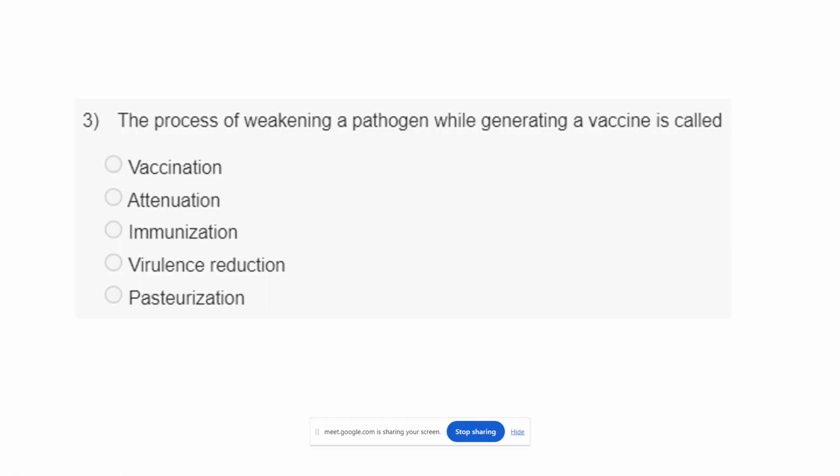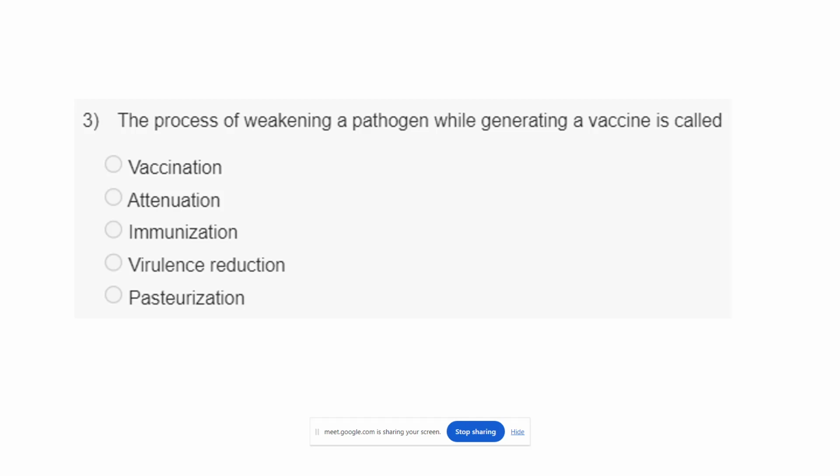Okay, moving on to the next question. The process of weakening a pathogen while generating a vaccine is called? Option 2, attenuation.